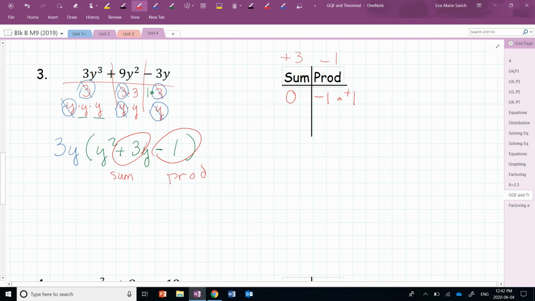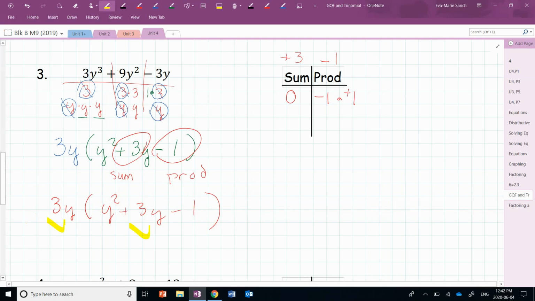So in some cases, like this one, the trinomial does not factor any farther. So this one is going to be a final answer of 3y times y squared plus 3y minus 1. This does not factor any farther. So a question that will not factor any farther is going to be worth 2 marks. 1 for the greatest common factor and 1 for the trinomial of the what's left.